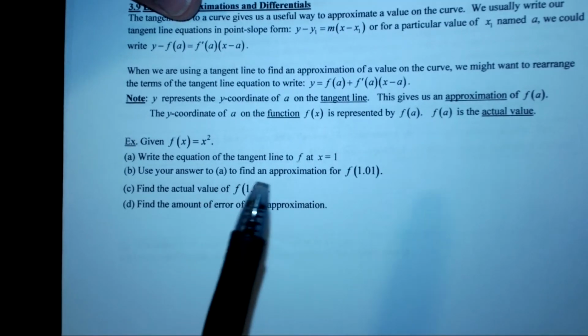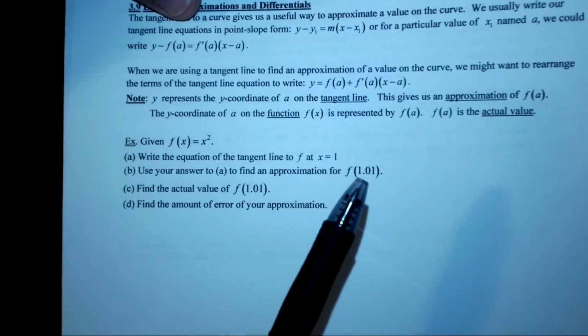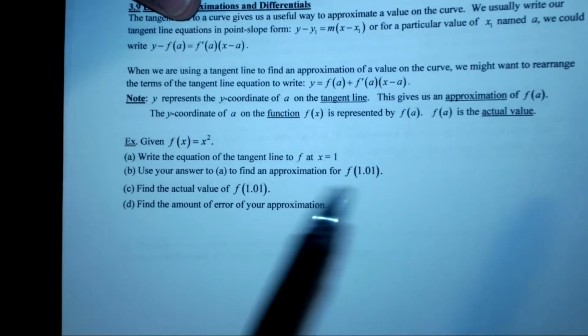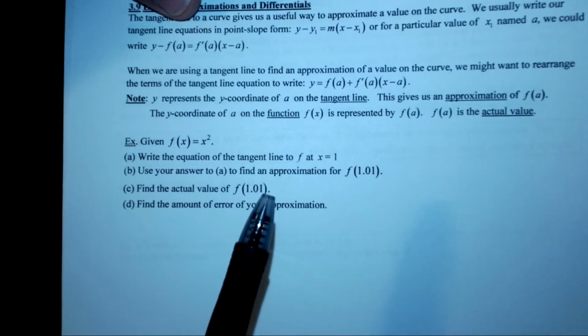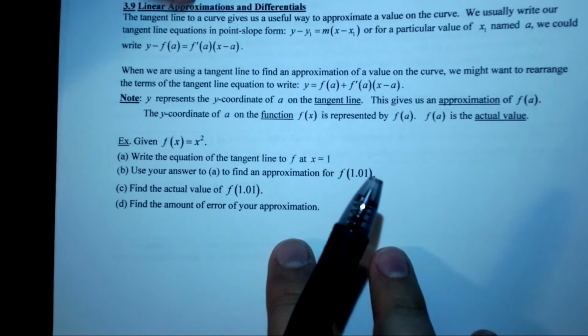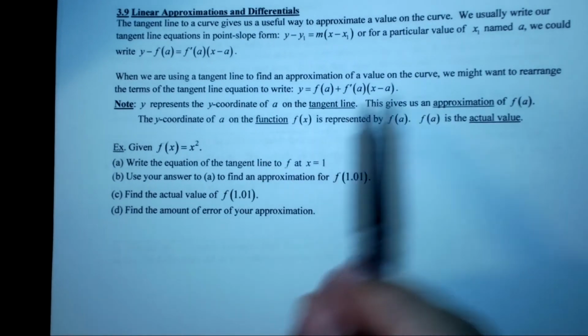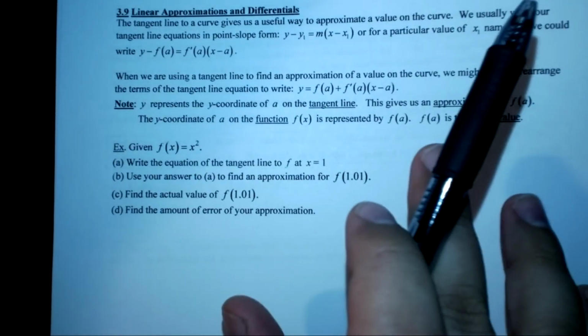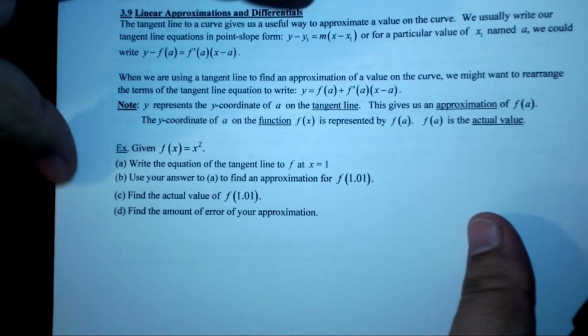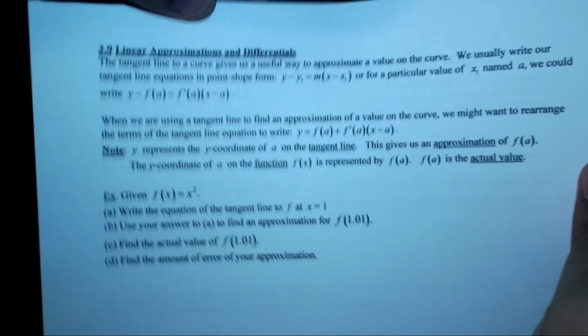Use your answer to find an approximation for f of 1.01, and then find the actual value of f of 1.01, and then find the amount of error of your approximation.